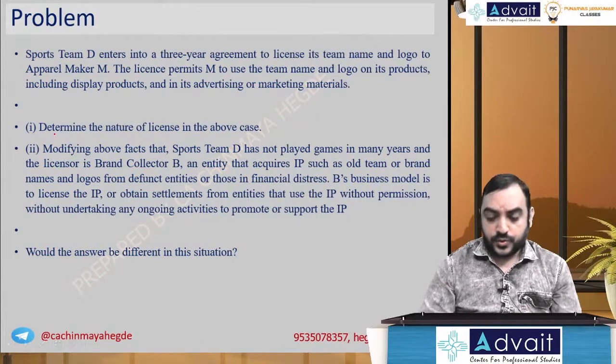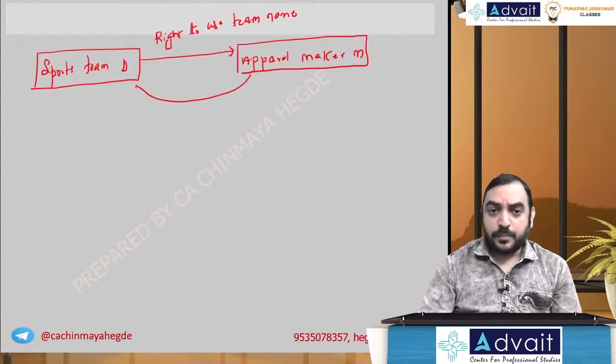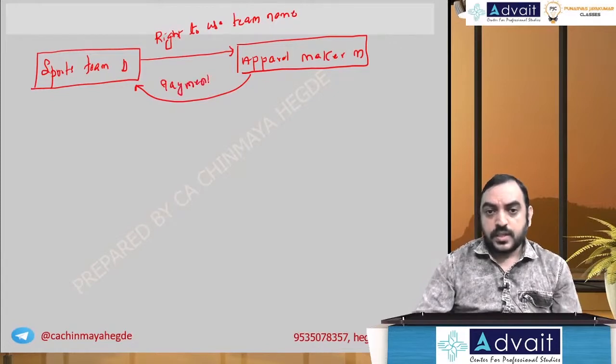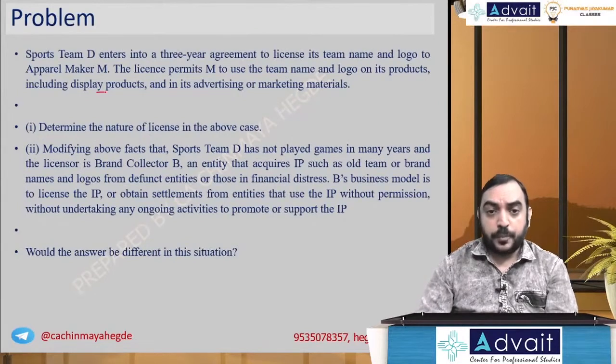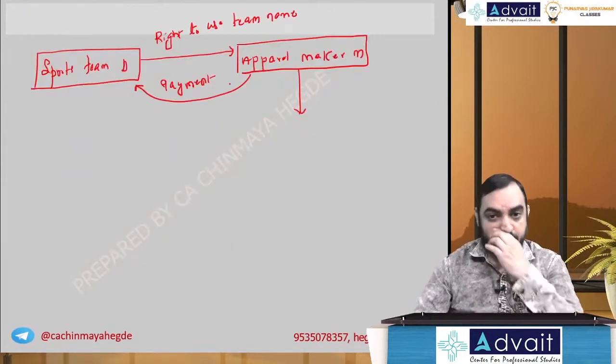And of course, they are going to make the payment. How much we don't know, whatever, they are going to make a payment, and they can use the team name in display products, advertising, marketing materials.